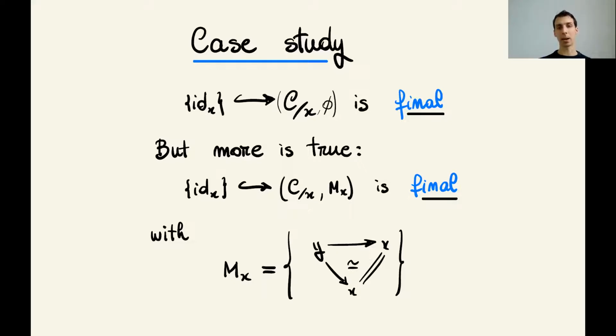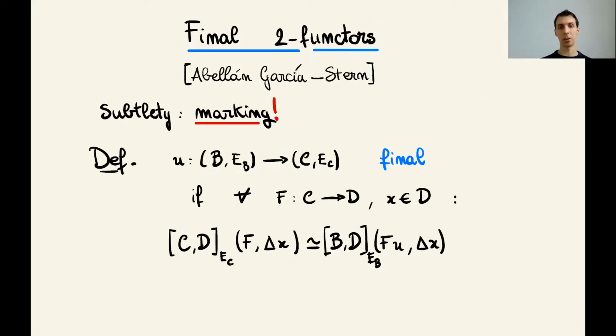Well, let's try to go back to this definition. It means that for any two-functor F from C to D, the guy on the left here will do something more than being just a lax natural transformation.